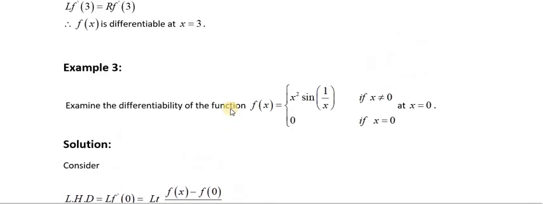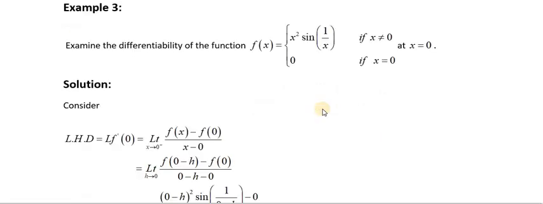Observe, in the previous two problems f of x had two values. One is when x is less than 1, the other is when x is greater than 1. But in this problem f of x has only one value, that is x square into sine 1 by x.